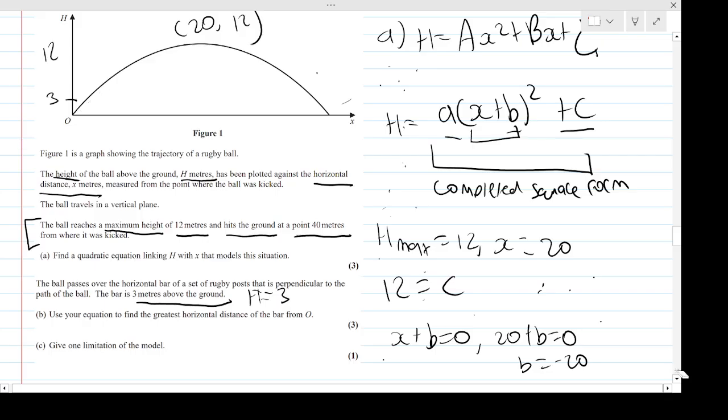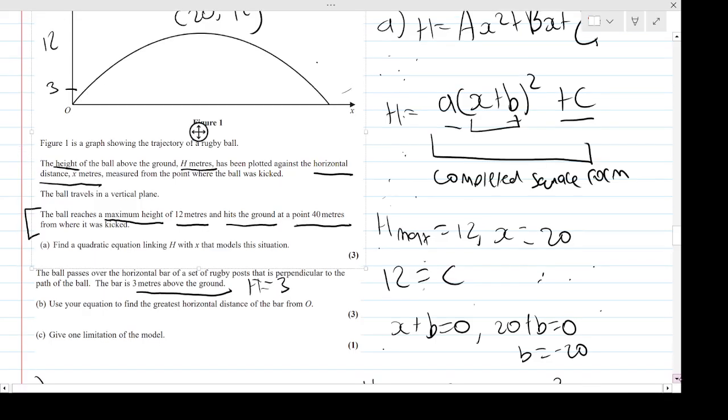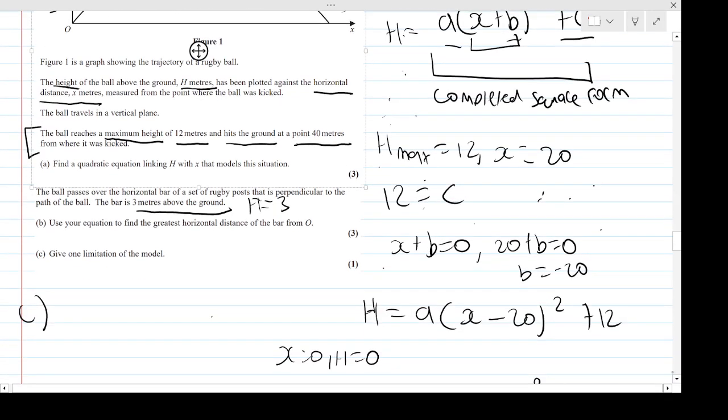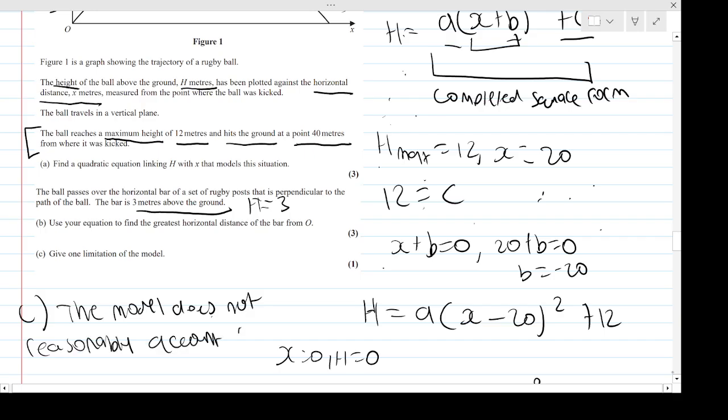And yeah, that's really it. So we can say the limitation: the model does not reasonably account for air resistance, and we know that's true because it's assuming the motion to be perfectly symmetrical, which wouldn't happen because in reality, the ball's motion is not going to be completely perfect, right?